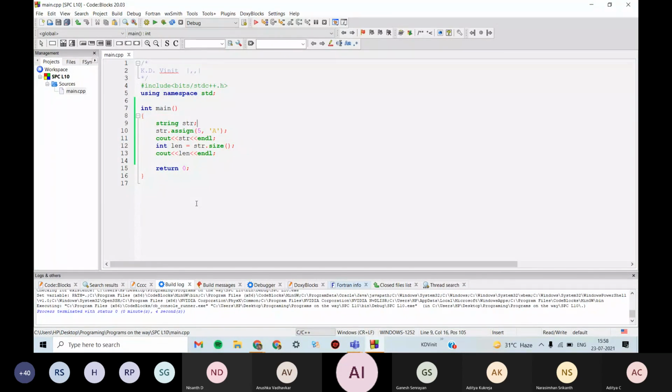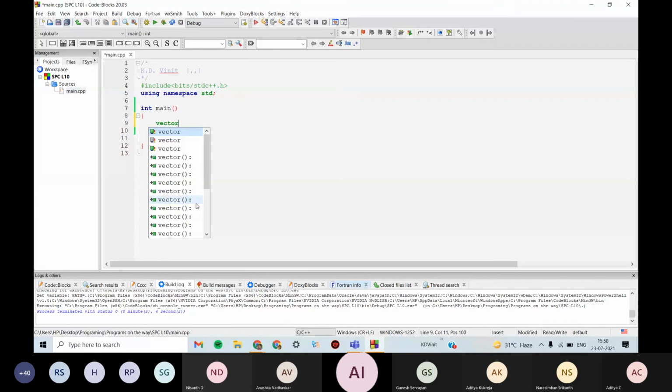So maybe I will tell you one of the things. Just as an array, what you have seen is that we need to initialize the size of the array and then give input one by one. We have another thing called vector in which you don't need to allocate the space initially. You can just allocate the space as and when you get elements.